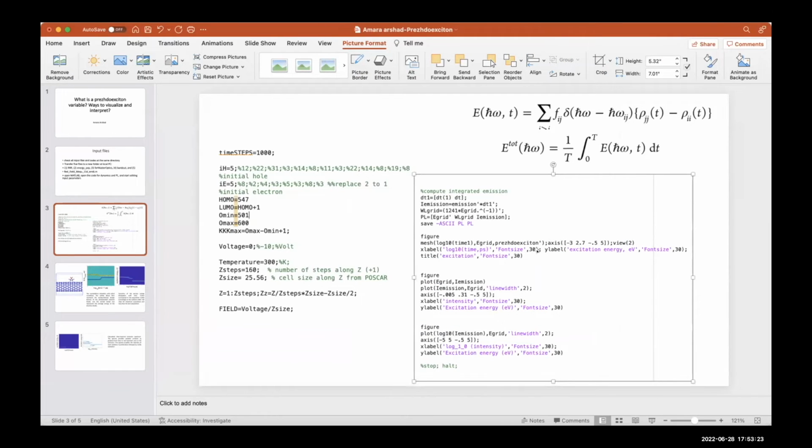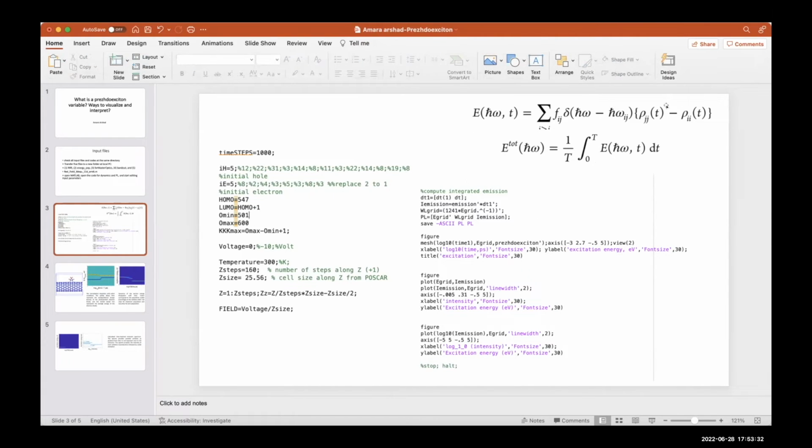So these are the input parameters that we need to change, and this is the code that can be used to calculate the time integrated emission, and these are the equations that were explained by the professor: one is time resolved emission and one is time integrated emission.